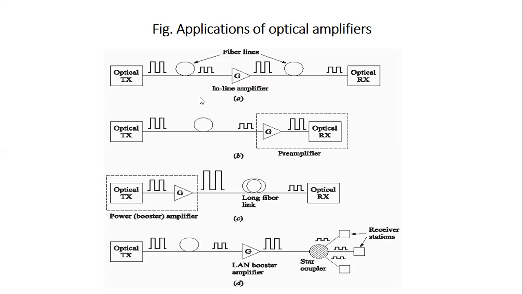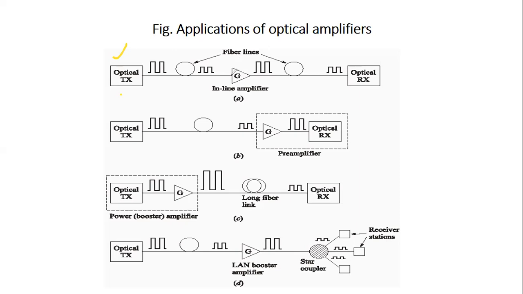In inline optical amplifiers, this is the optical transmitter. From here come the optical signals. These are the fiber lines, and in between this is the optical receiver, and in between there is an inline optical amplifier.